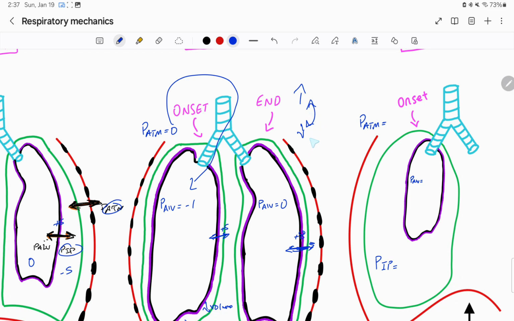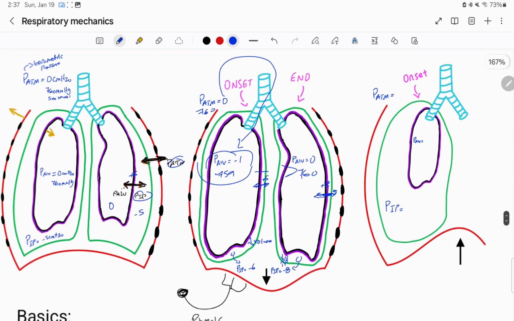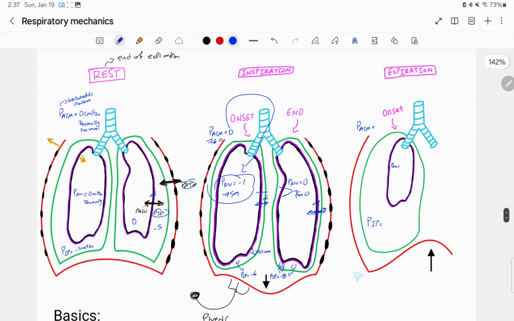Okay, they reach equilibrium. So we're going to keep breathing in when this is 760 and this is 759, and this air is going to keep coming in until it makes the inside of the alveoli 760, or zero. Okay? Awesome. So that's how inspiration works.